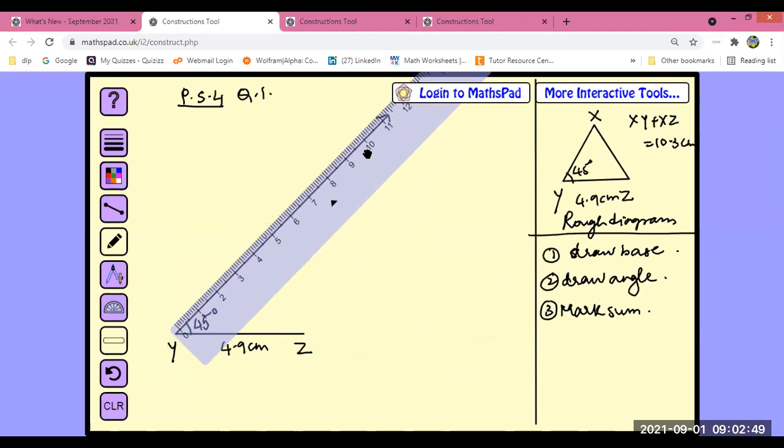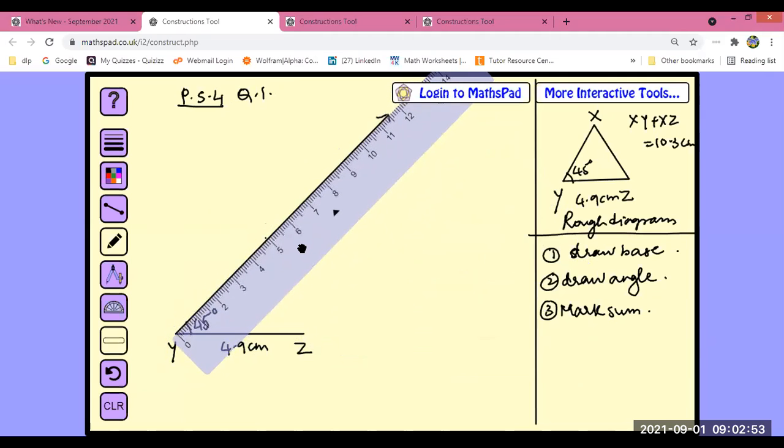Okay, you can use the compass. So from here, I'm going to take the distance 10.3, and mark it over here.